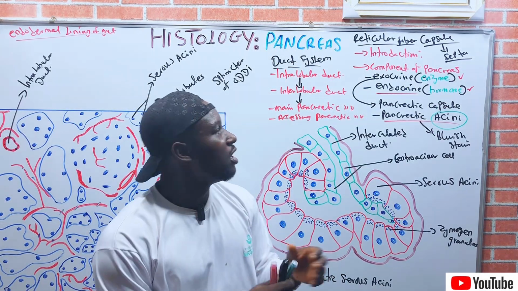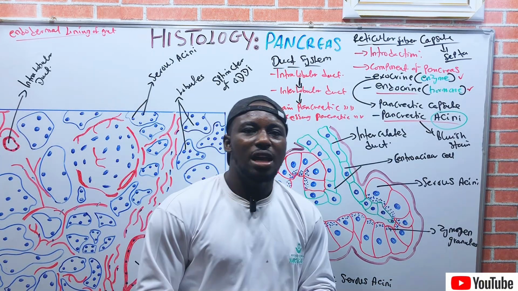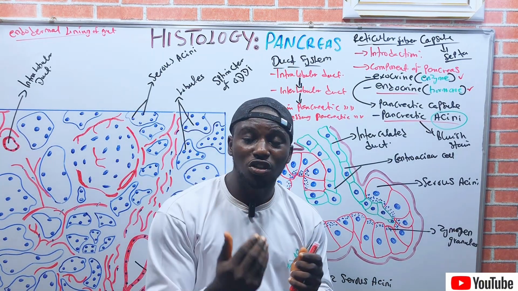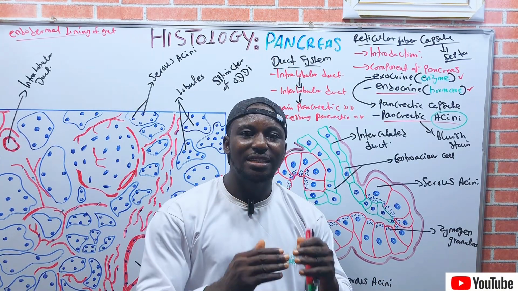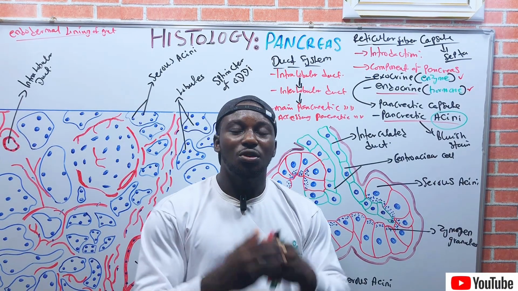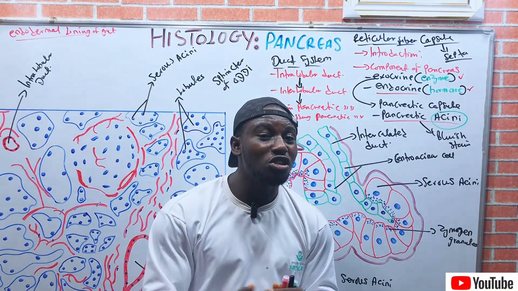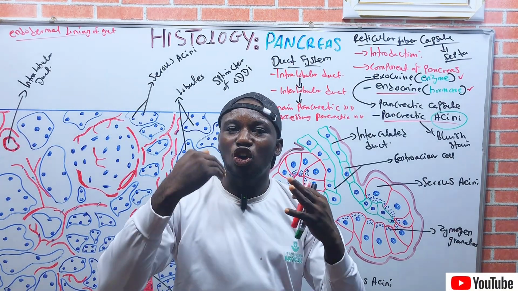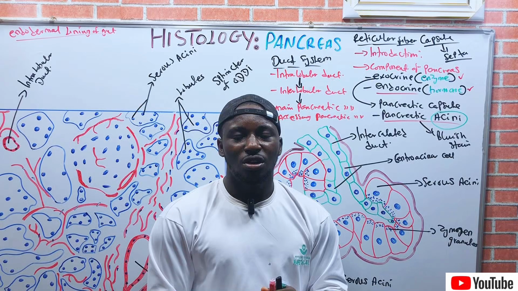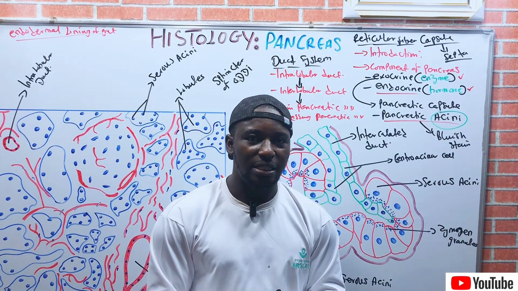As you can see, the endocrine component of the pancreas appears in the form of numerous rounded collections of cells which are embedded within the exocrine part of the pancreas.